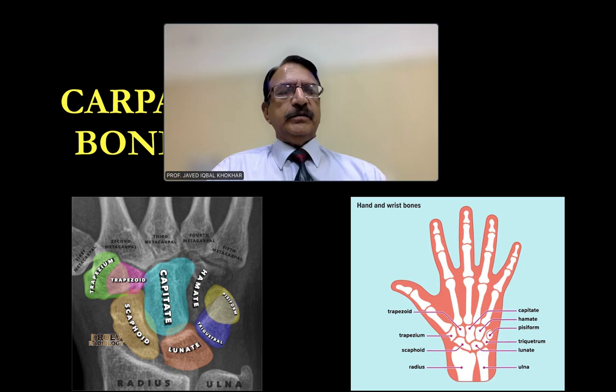And they are 8 in number, and except the pisiform which fuses later, the rest of the bones show the number of years approximately.